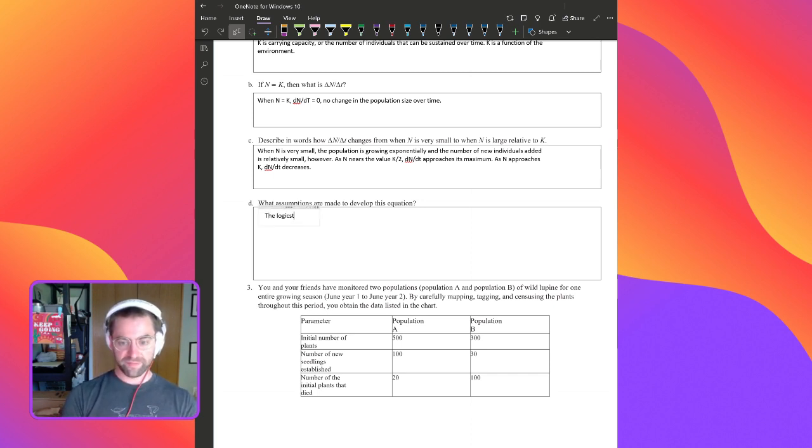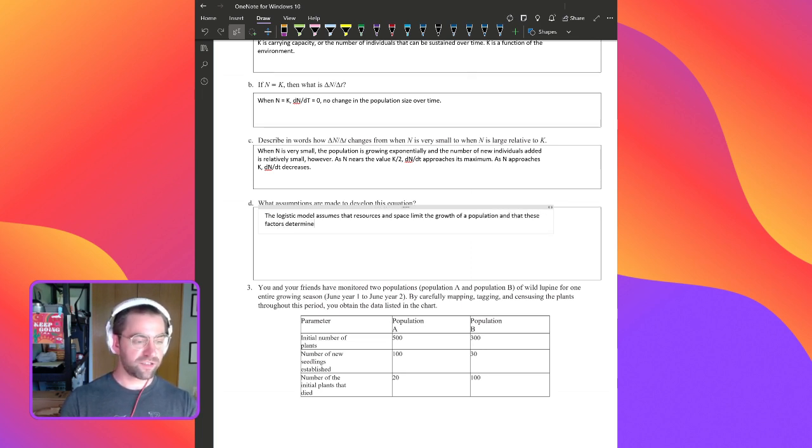The logistic model assumes that resources and space limit the growth of a population, and that these factors determine the maximum number of individuals that can be sustained over time.